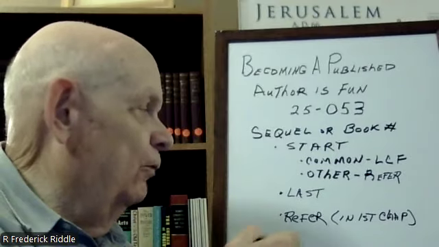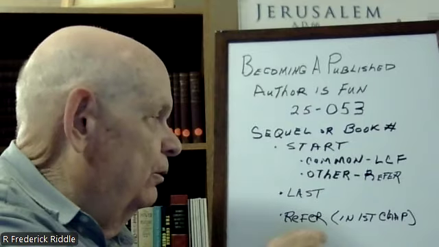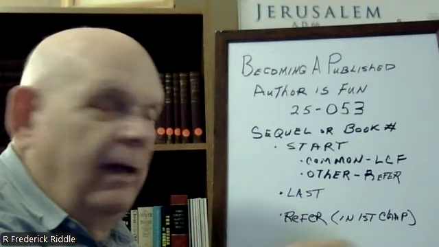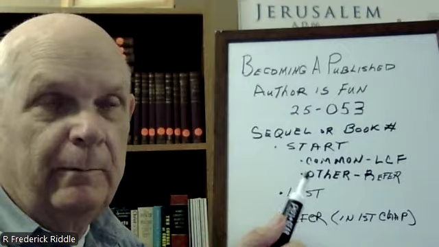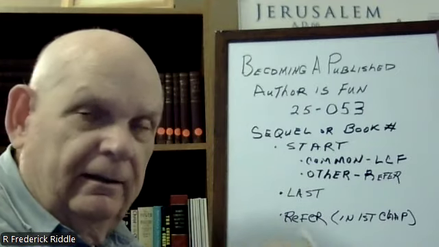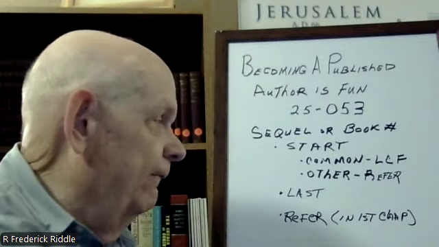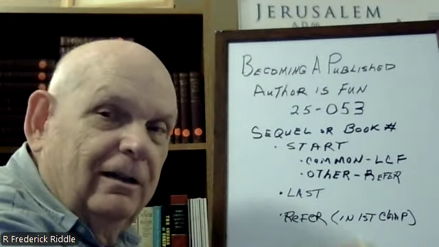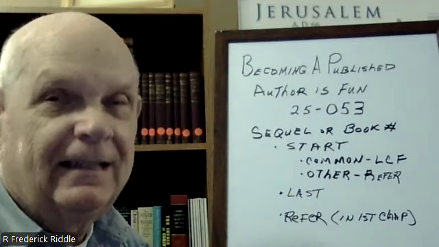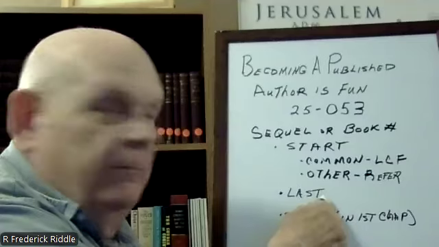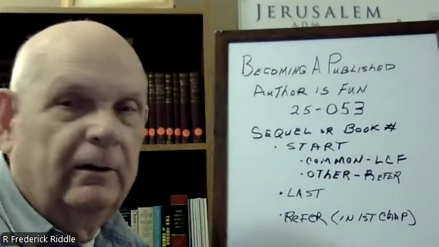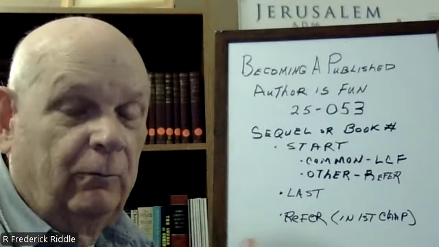But if you're like most authors, in the first chapter of your new book, you have it refer, and remember I've talked about show, don't tell. You could have your characters actually refer back to incidents in your previous book, and you can use that as a way of reference, and it works well.